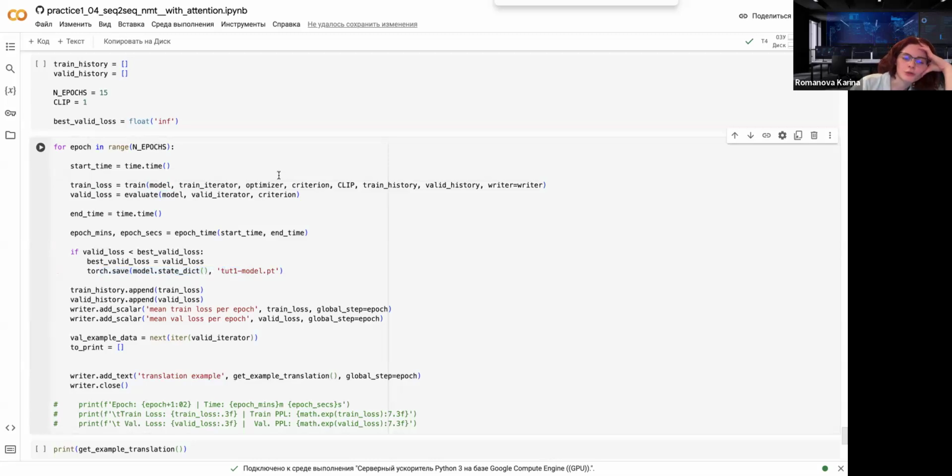Do you remember why we should save the weights of our checkpoint on some epochs? We discussed it in the previous lesson. Why should we do it?